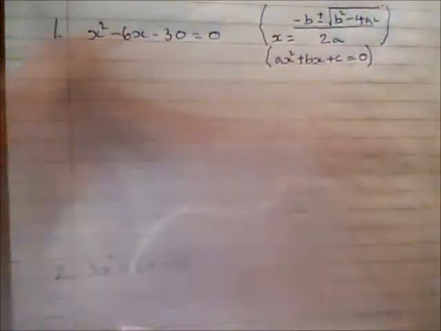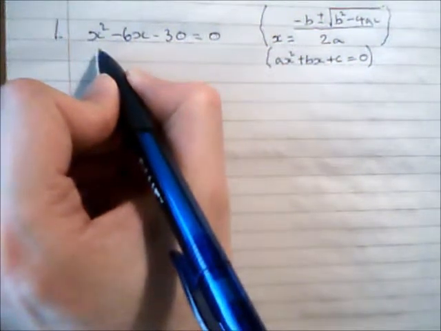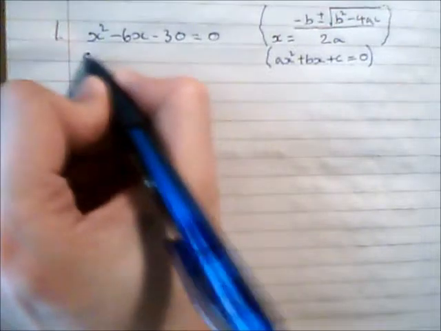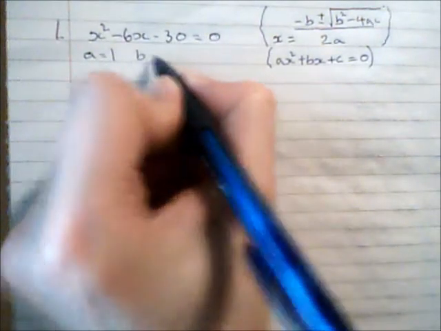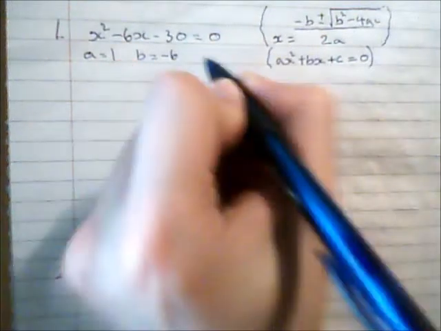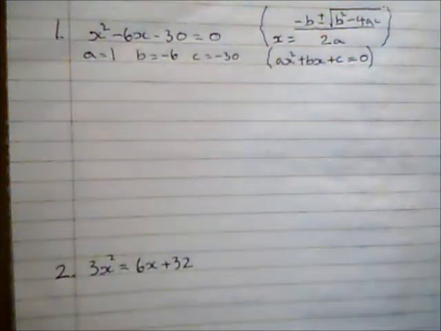Okay, so first of all, I'm going to identify the values I'm going to need to substitute into the formula. So the value of a is the coefficient of x squared, which is 1. B is the coefficient of x, and c is the number term. And then I'm going to write out the formula with the substituted values.